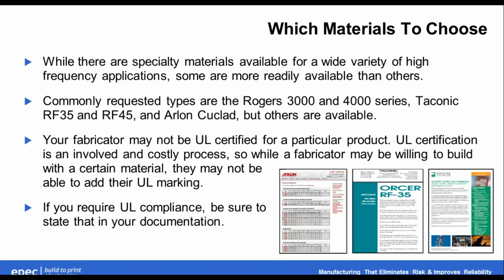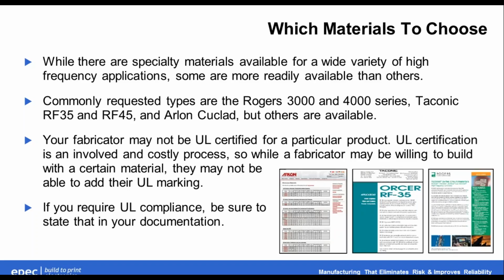One thing to note, and this can be important in certain applications, your fabricator may not be UL certified for a particular product. It's an involved and costly process to get that certification for a particular material. So while a fabricator may be willing to build with a certain material, they might not be able to add their UL marking to the finished product.